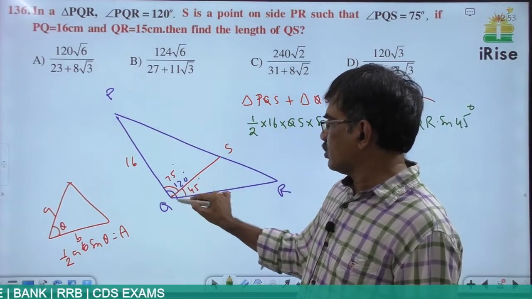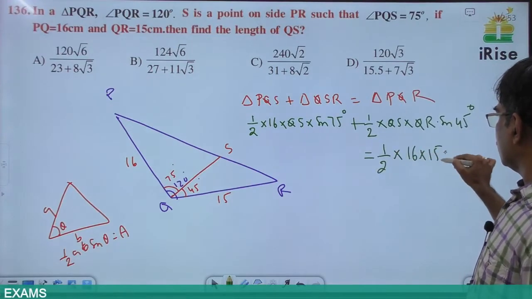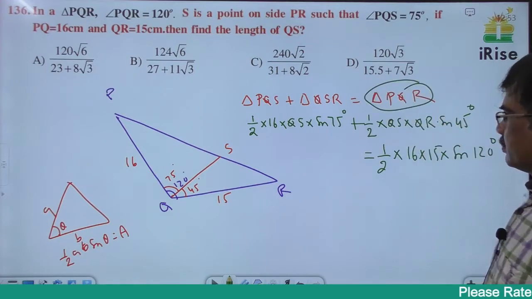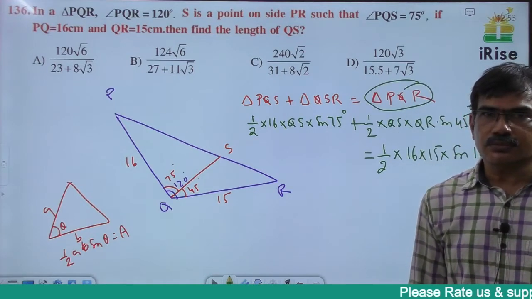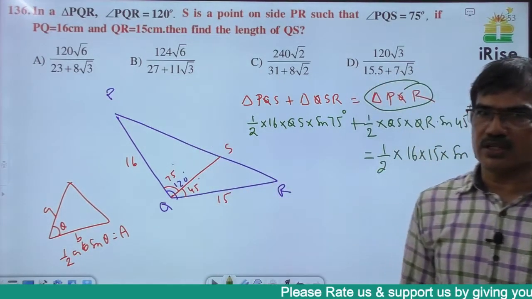This total angle is 120 degrees. The area is half into 16 into 15 into sin 120 degrees. PQR area is this one. Area of this part plus area of this part is equal to area of this part.